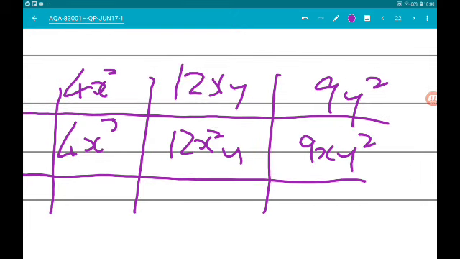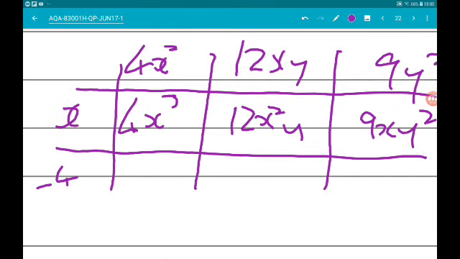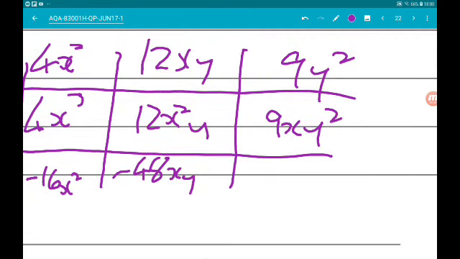9xy squared. Minus 4 times 4x squared is minus 16x squared. Minus 4 times 12xy is minus 48xy. Minus 4 times 9y squared is minus 36y squared. So, let's pick everything out.